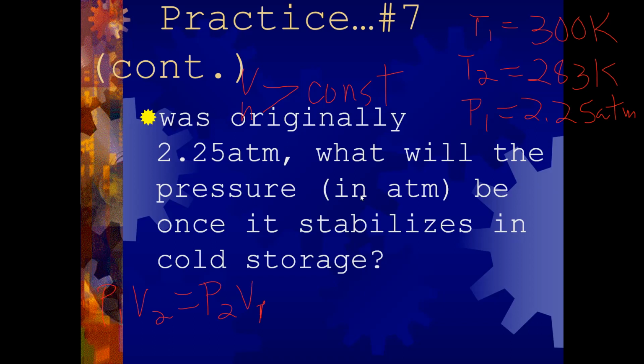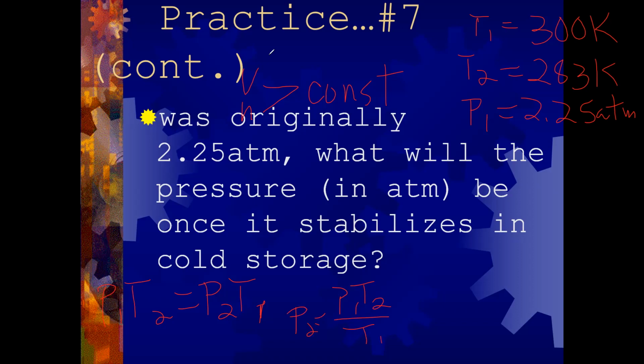I mean to say T and I said V. Ugh, excuse me. It's still correct. So substituting, and we want P2, P2 is going to be equal to P1 T2 over T1.